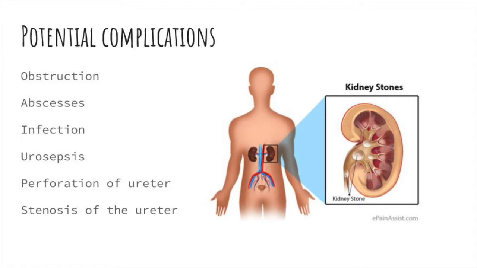Urosepsis is a progression of pyelonephritis after the infection has reached the bloodstream and circulated the body. Urosepsis can progress to septic shock, a serious and life-threatening condition, complicated by dropping of blood pressure, increased heart rate, and changes in mental status. If not treated, this will lead to death.